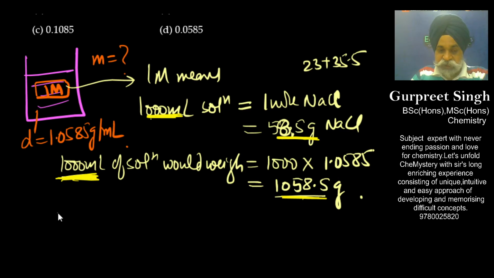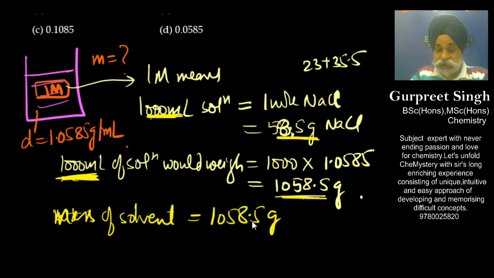So the mass of solvent would be 1058.5, the mass of solution, minus 58.5 grams, the mass of solute. You end up getting 1000 grams.